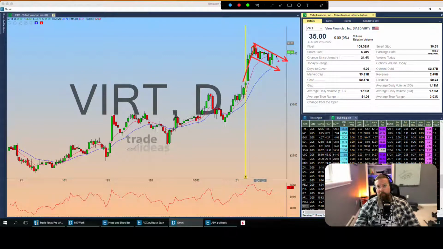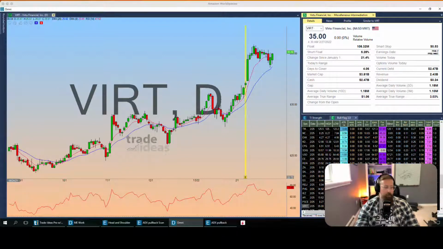Very typical bull flag. So above 35, it's interesting. And then I think, right, worst case, if it breaks 33.50, that's where you've got to say, okay, that bull flag failed. It's time to move out.